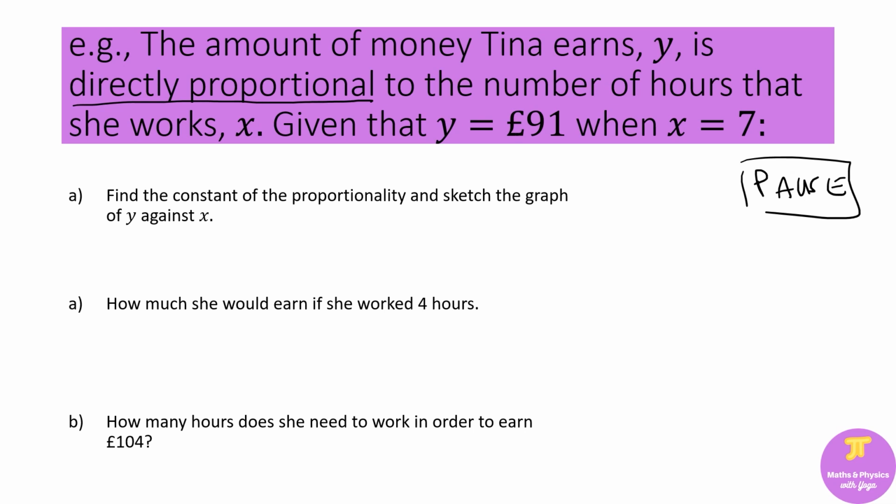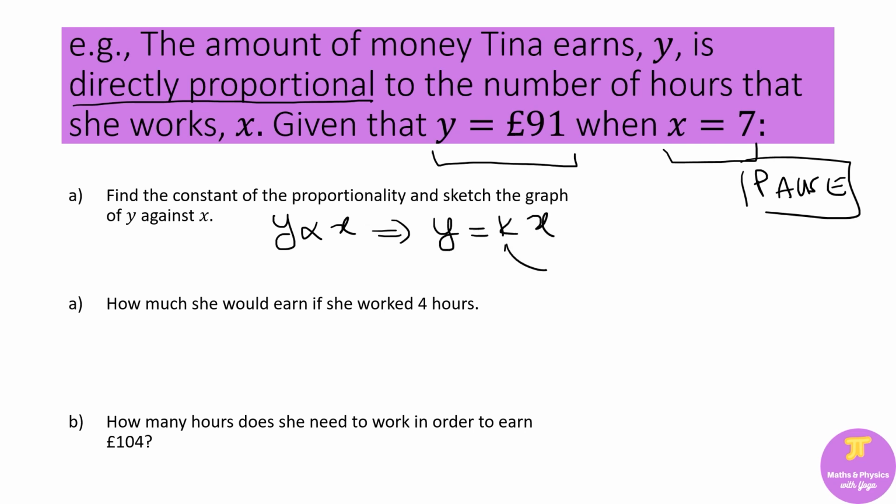When y is 91 pounds, x equals 7. So when she works 7 hours, she earns 91 pounds. This is directly proportional, so you can say y is proportional to x. Then you can convert this into an equation like y equal kx, where k is the constant that we introduce.